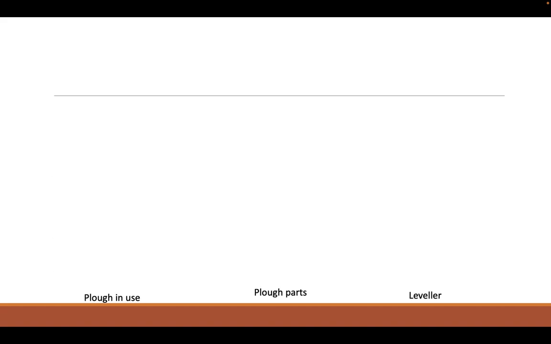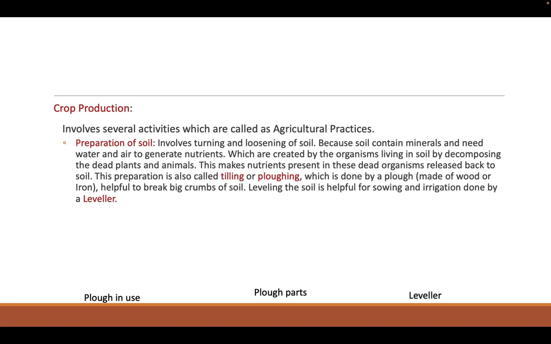Now we will move on to how the production process of crop happens. We'll start with the process of crop production. So what is that? Crop production is a stepwise process, several activities which are also called agricultural practices.